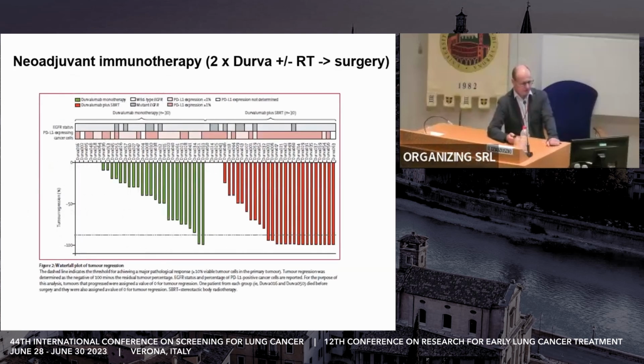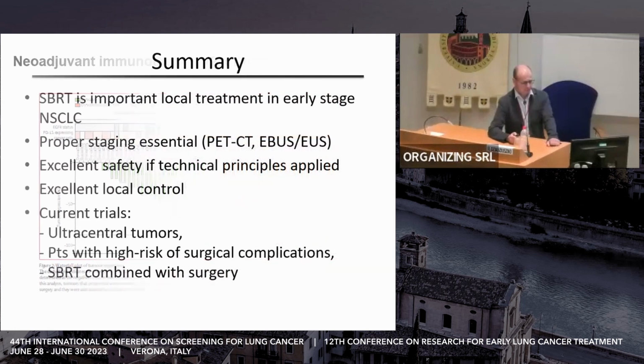Interestingly, there were very high rates of pathological responses, much higher in the SBRT group.